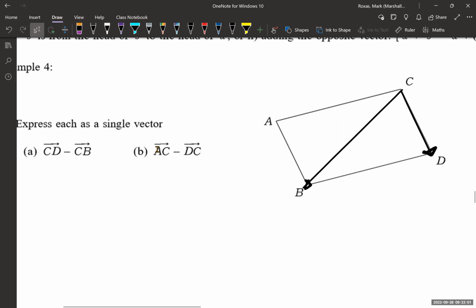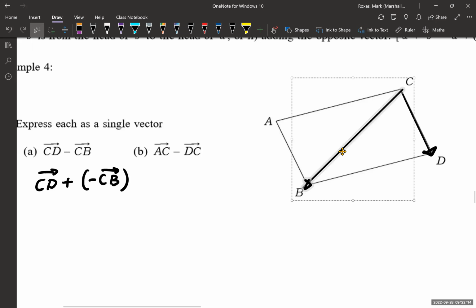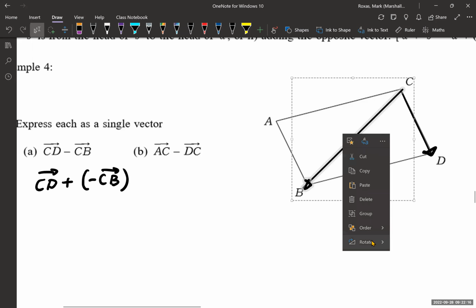But if we are subtracting, we have to make that change. So C to D plus the negative of C to B. The negative of C to B is taking this vector here and flipping the direction, opposite direction. So I'm just going to rotate it around.